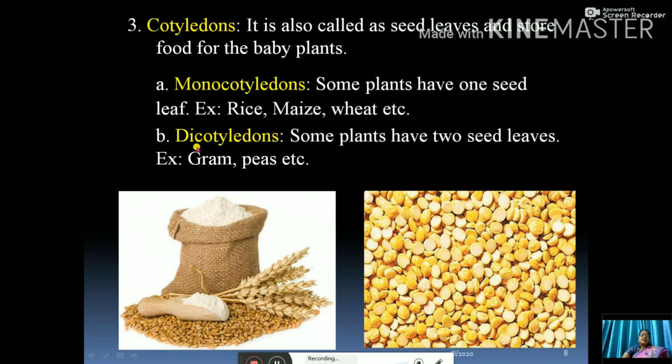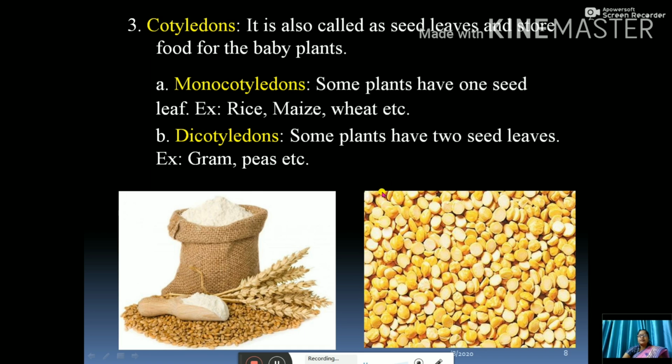Second is dicotyledons. Di means two. It means the plants having two seed leaves. Take the example of gram, peas and all pulses. When you soak the gram seed in water and press it, it separates into two equal halves.